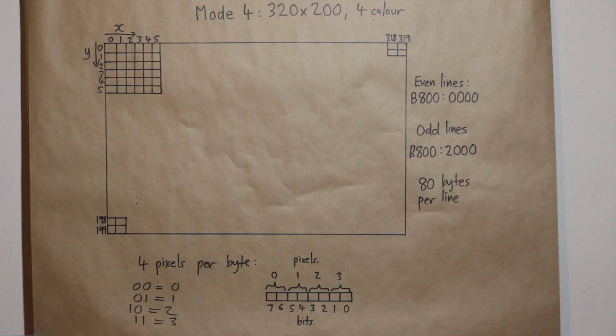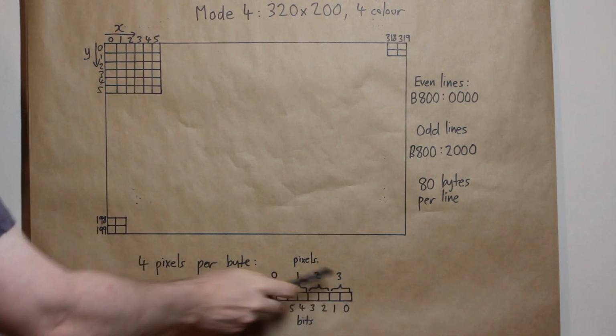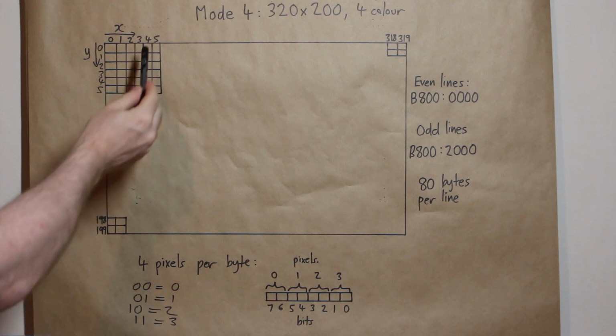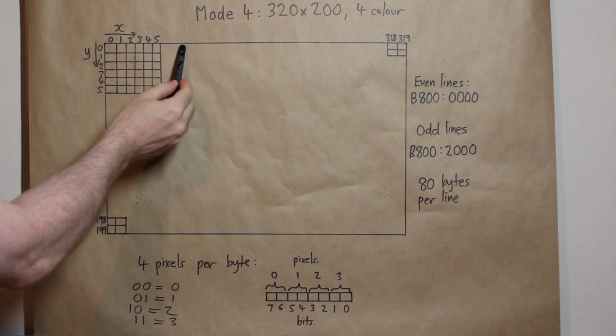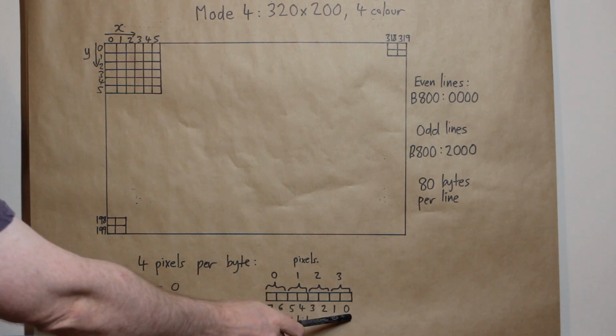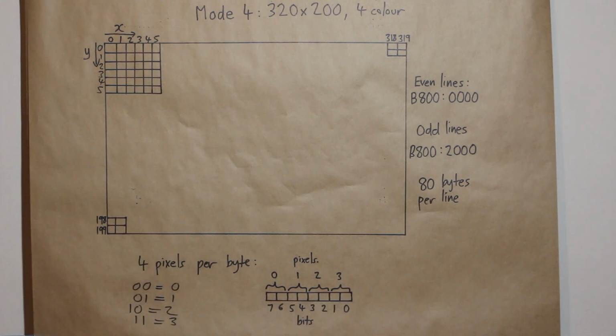So let's take a look now at how the pixels are laid out in the byte a little bit more closely. So as I said, 4 pixels here would be these 4 pixels in a byte, and that would be at offset 0. The next 4 pixels, 4, 5, 6 and 7 would be at offset 1, and so on. So within the byte you have 8 bits, and we typically number these from 0 to 7, starting with 0 at the right hand side.